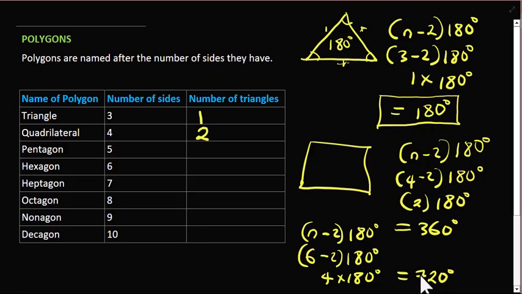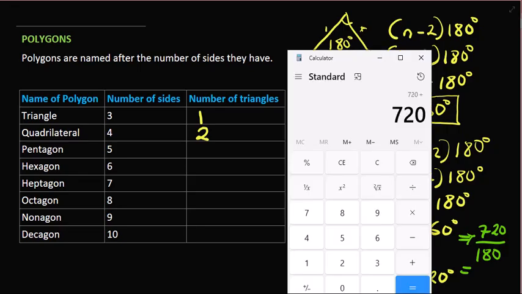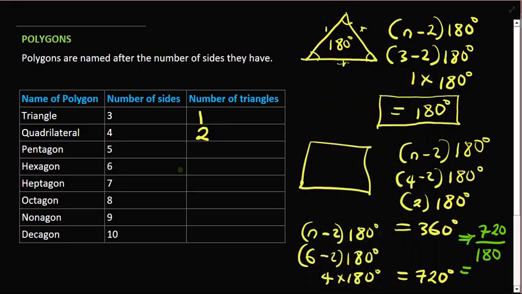Since 180 degrees make one triangle, we divide 720 by 180, which gives us our final value. 720 divided by 180 gives us 4. So there are 4 triangles in a hexagon.